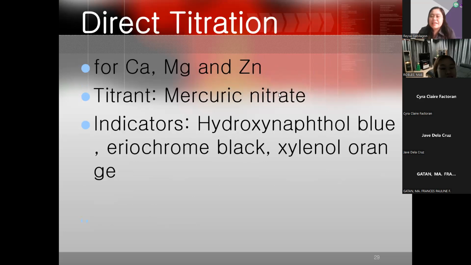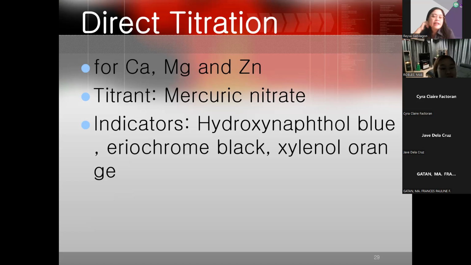Now, just like the acid-base titration and even the volumetric precipitometry, we also have direct titration and indirect titration here for the complexation method. So we have first the direct titration. We do this for the determination or analysis of calcium, magnesium, and zinc.